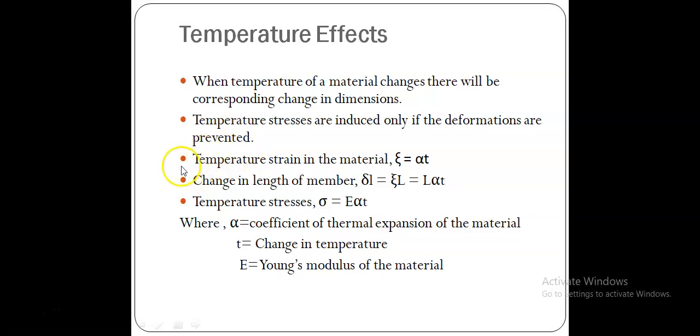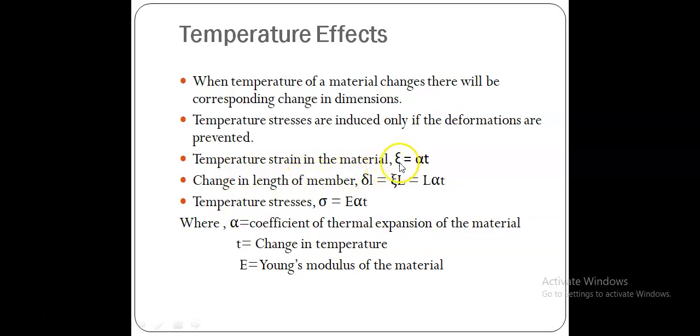Yes, if the member is freely allowed, there will not be any stresses induced. But if the members are clamped or their deformations are prevented, then thermal stresses or temperature stresses are induced. First, let us see how we can find the temperature strain in the given member or material.